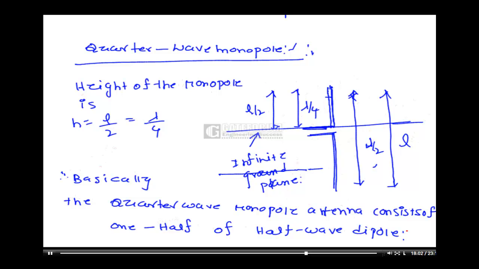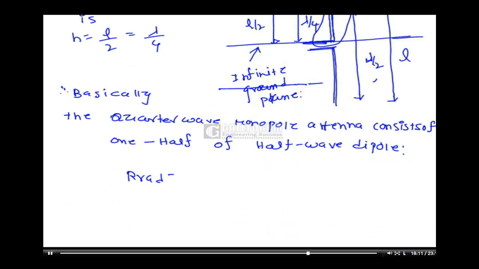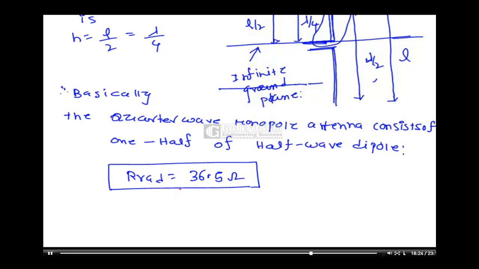A half wave dipole consists of two parts; now it consists of only one part, only this part. Therefore, the monopole is exactly half of the dipole, so the radiation resistance of the quarter wave monopole is 36.5 ohms.